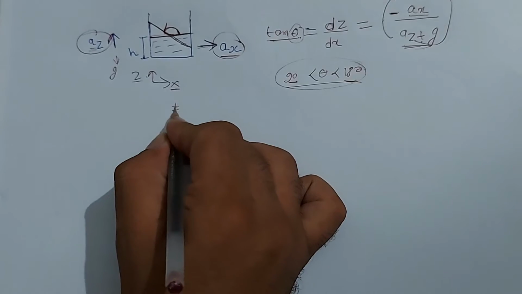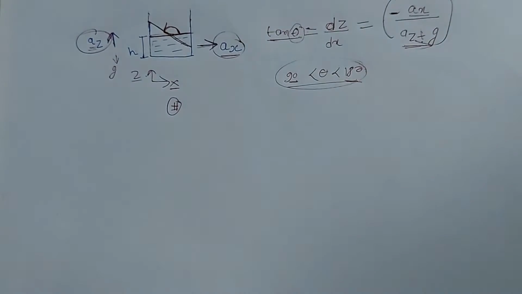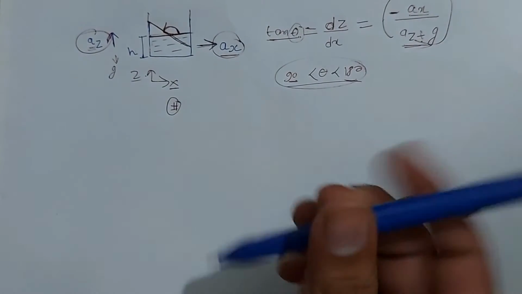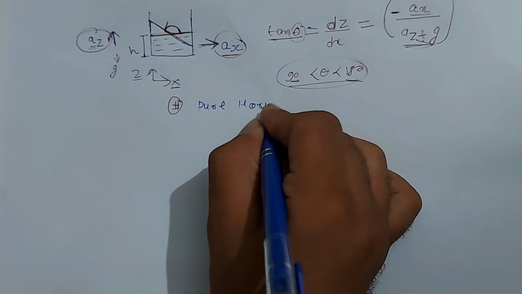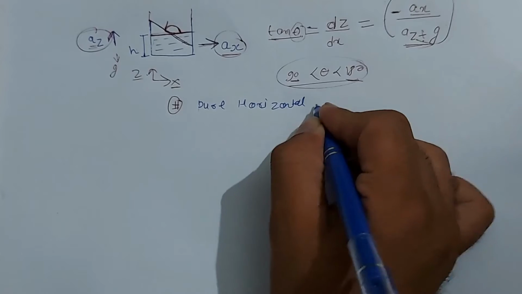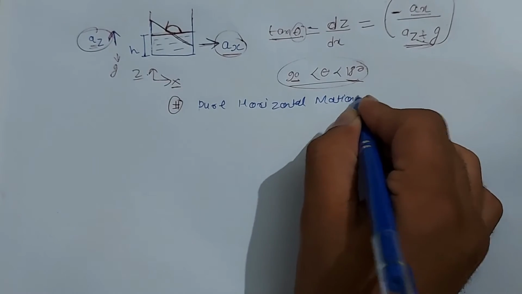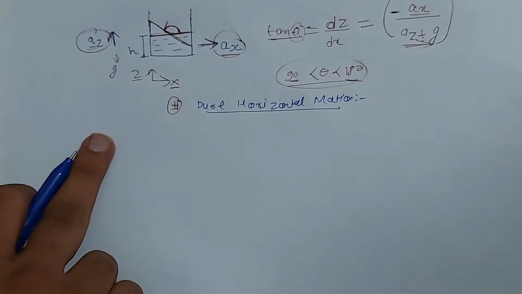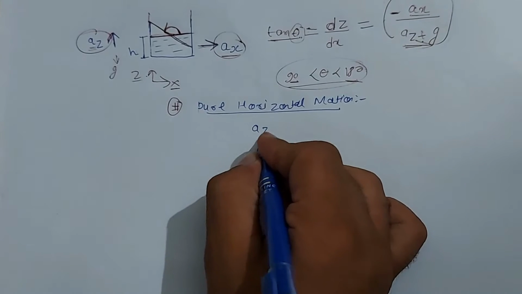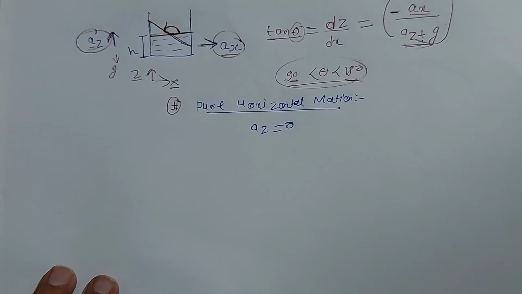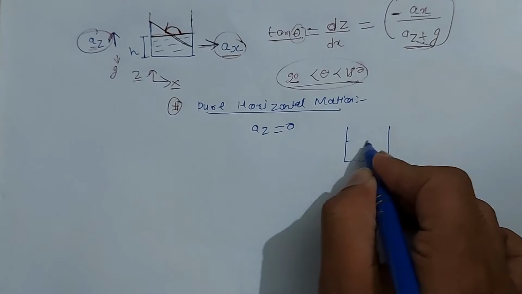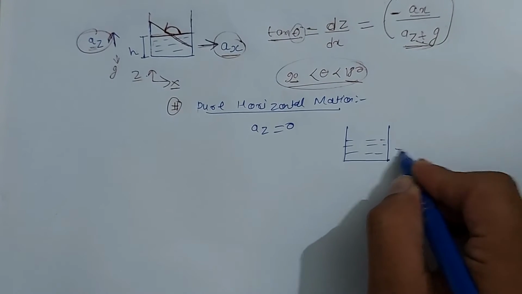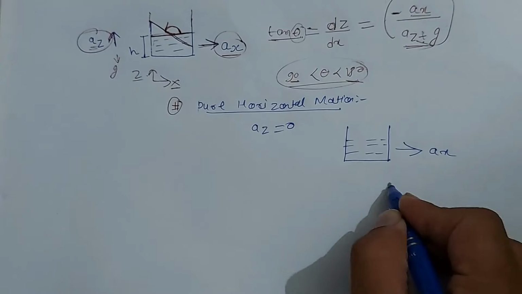Now let's talk about the particular cases of this problem. Let's first discuss pure horizontal motion. If we have pure horizontal motion, then clearly az would be 0, acceleration in the z direction would be 0. The container is only allowed acceleration ax in the x direction.